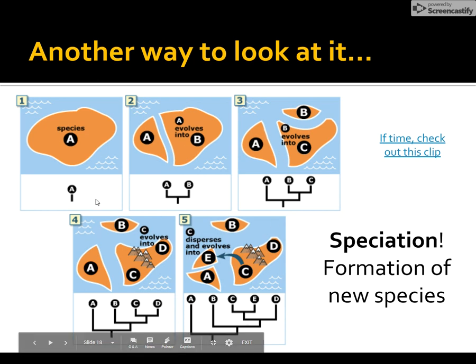Those are speciation events. That's one way that we can form a new species, is by the breaking up of land masses, isolating species from being able to reproduce with one another.